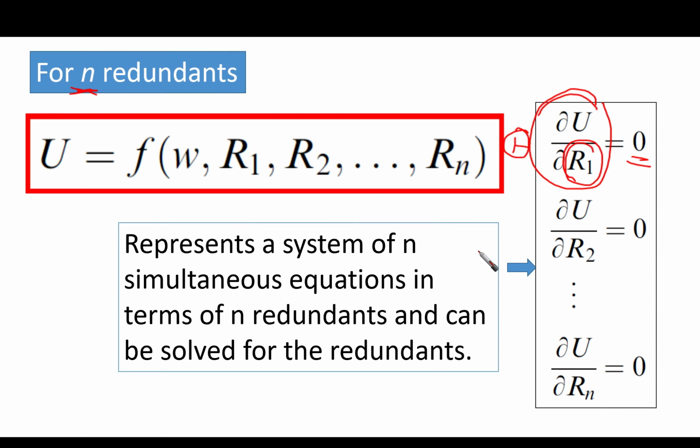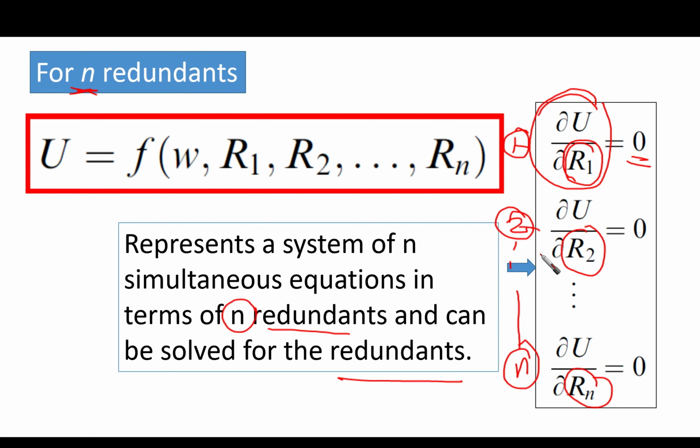Then we apply the same concept for redundant number 2, which is equation number 2, and so on until we reach Rn, which gives us n equations. This represents a system of n simultaneous equations in terms of n redundants and can be solved for the redundants.